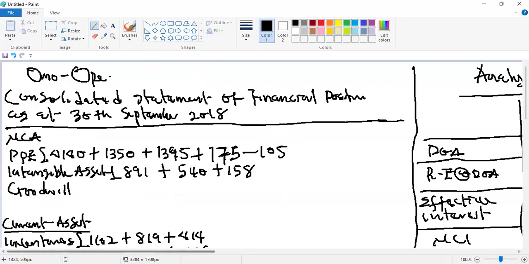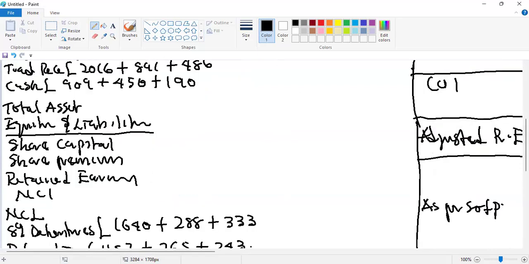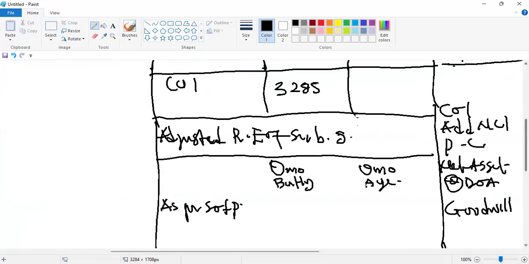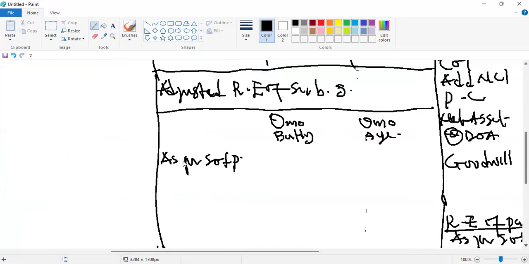Then adjusted retained earning of subsidiary, I will depreciate. Depreciation, 105. Let's go to the question.